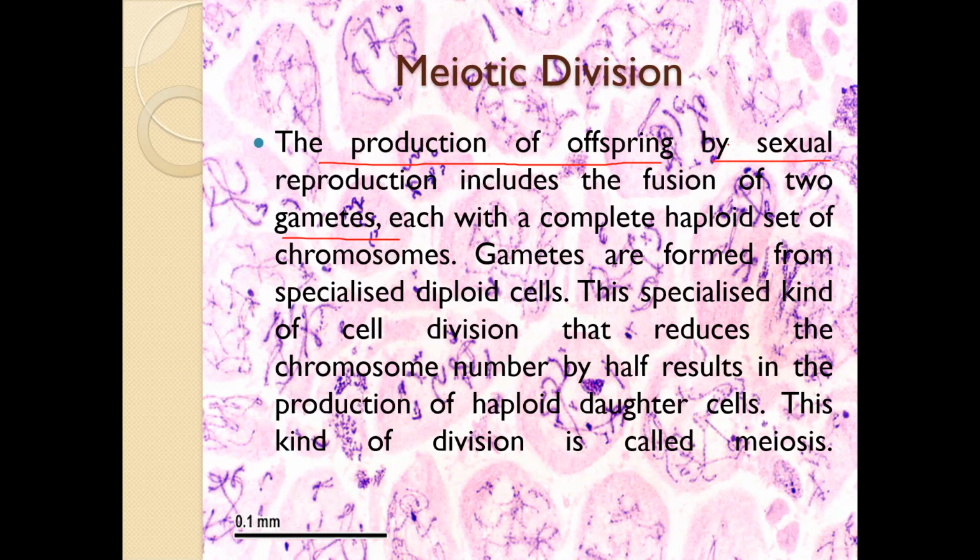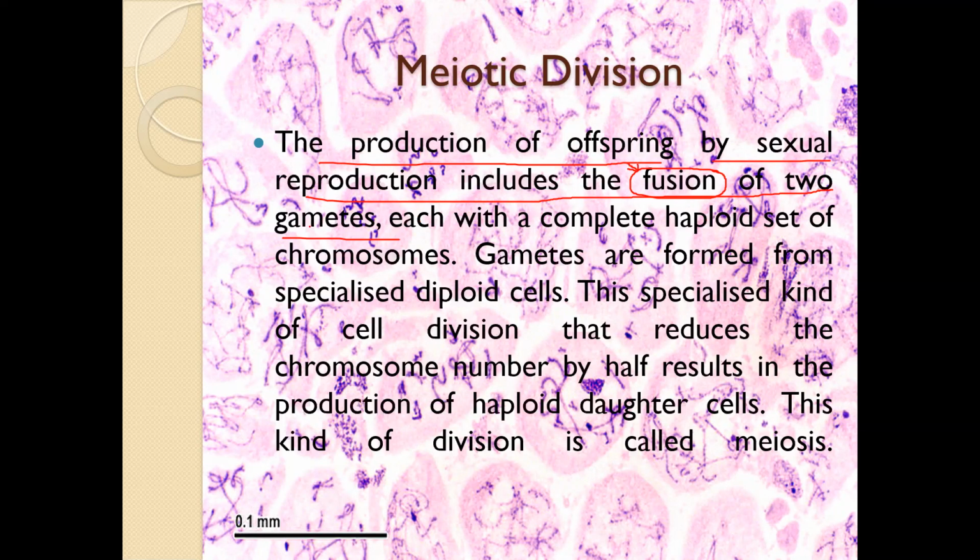The production of offspring by sexual reproduction includes the fusion of two cells. Fusion means two cells come together and join with each other, and those two cells must be haploid cells. So when two haploid cells join together, that process is called fusion.